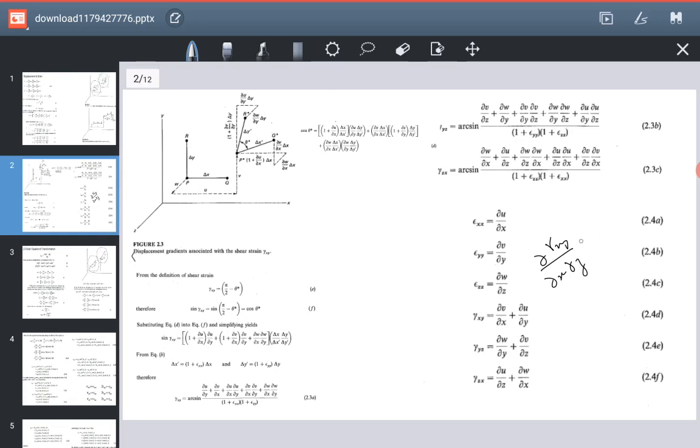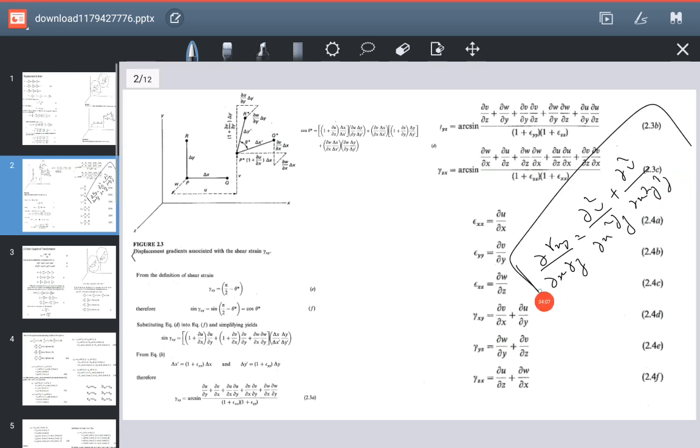So let's see, this will be d v square dx square and dz, and this will be equal to, I guess, d u square dx dy and dz. So this will be the required expression.